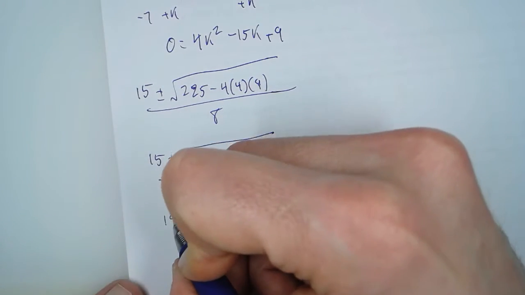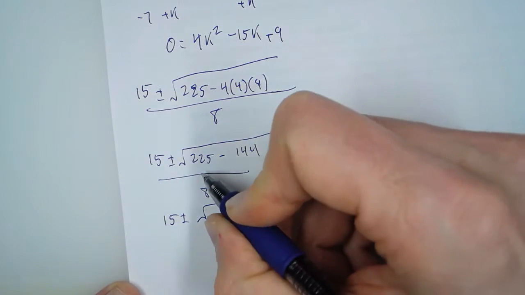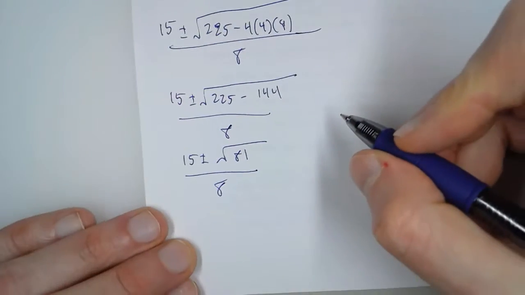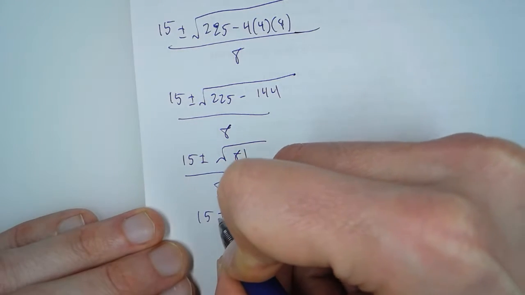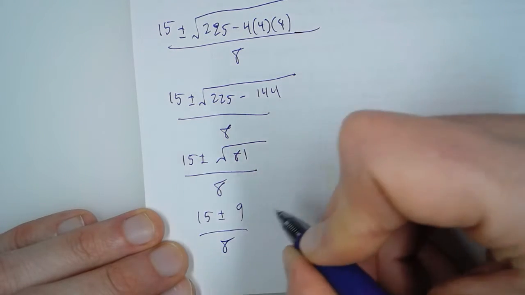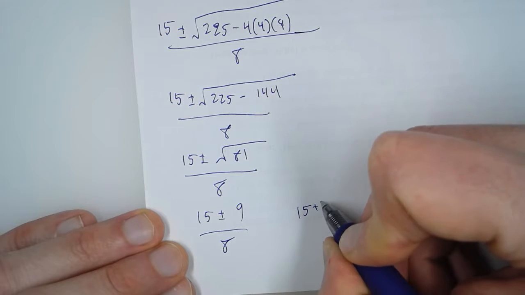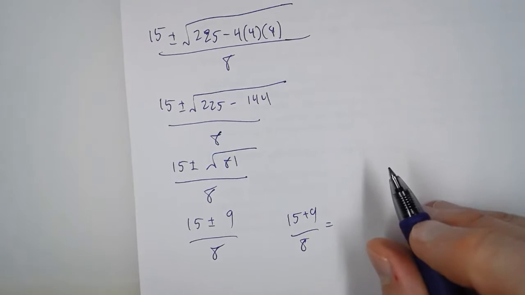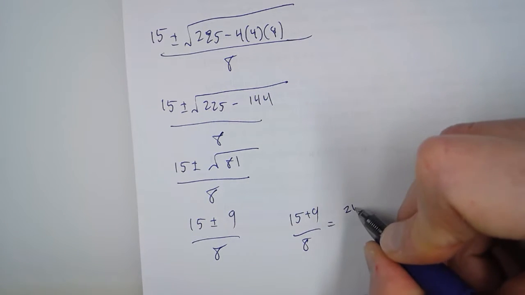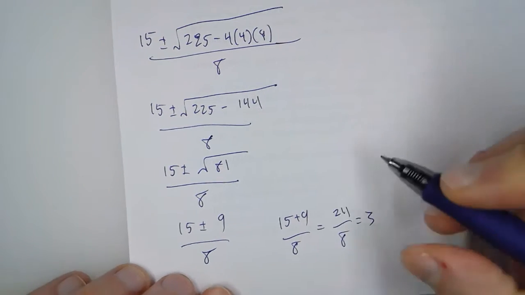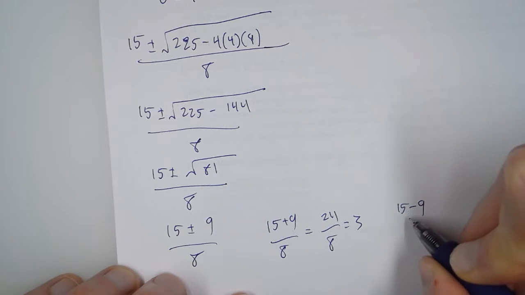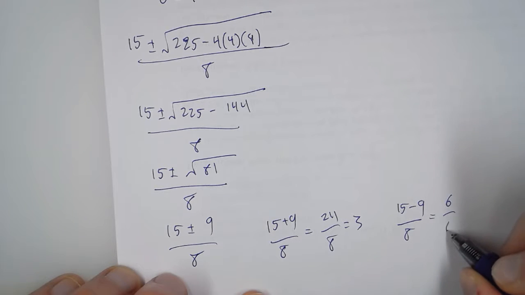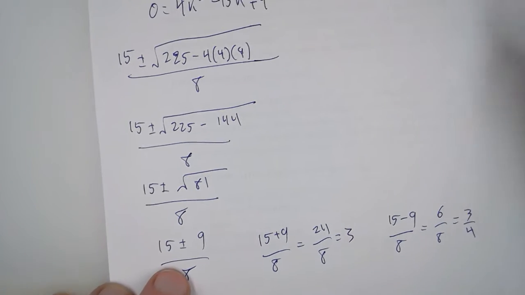So 225 minus 144 is 81. So that means we get 15 plus or minus 9 over 8. So 15 plus 9 is 24 over 8, equals 3. Then we have 15 minus 9 over 8 equals 6 over 8, which is 3/4.